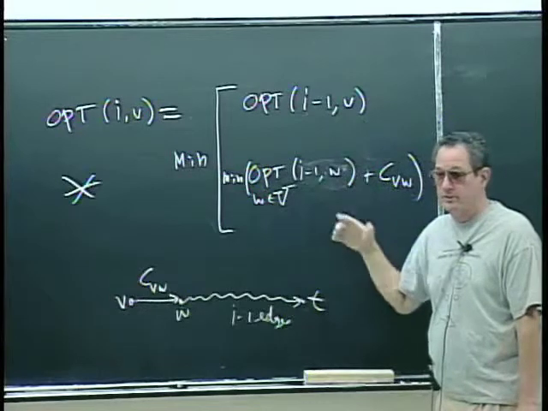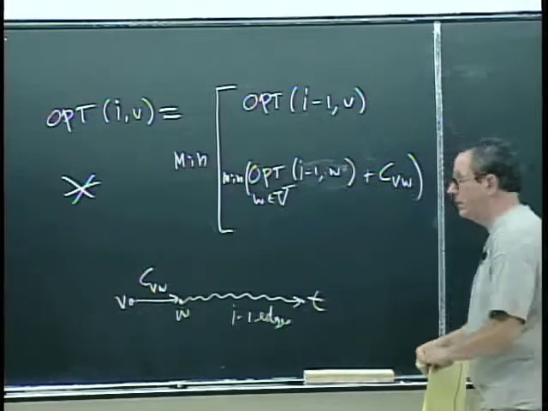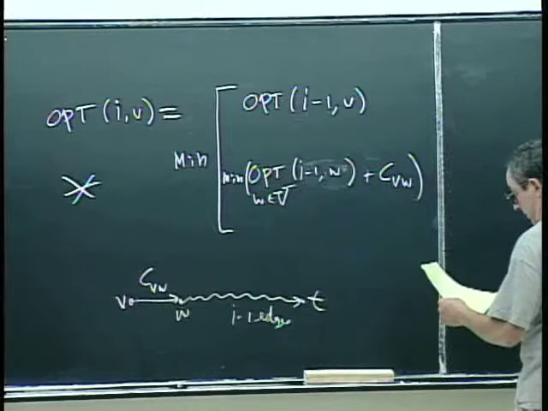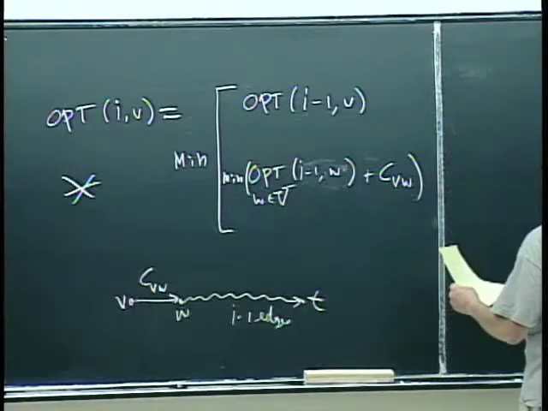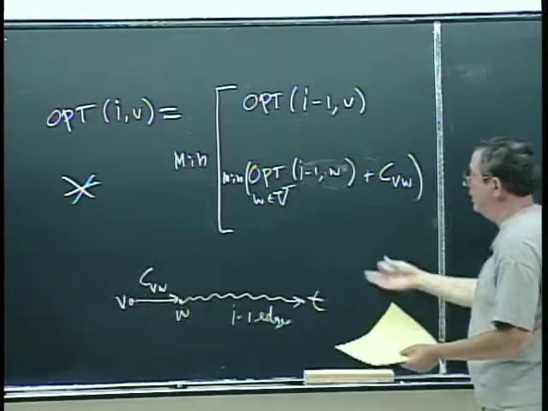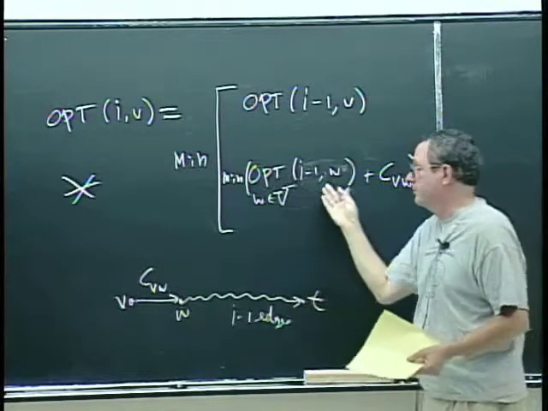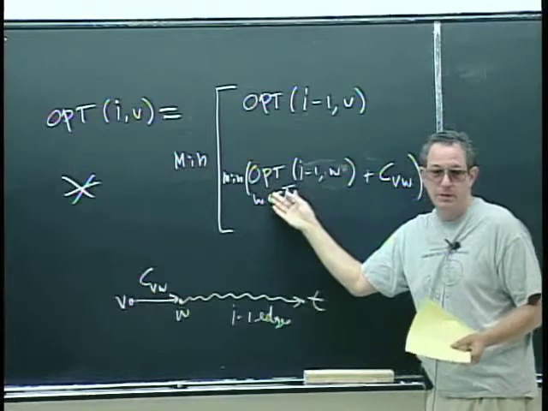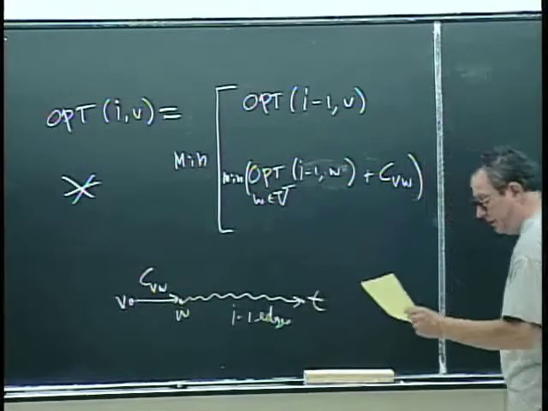So that suggests 2 for loops, right? M is going to be our table. I don't know why, when opt is clearly a function of 2 parameters, it can't be the name of the table we build. But in the book, they usually switch to M for the table.